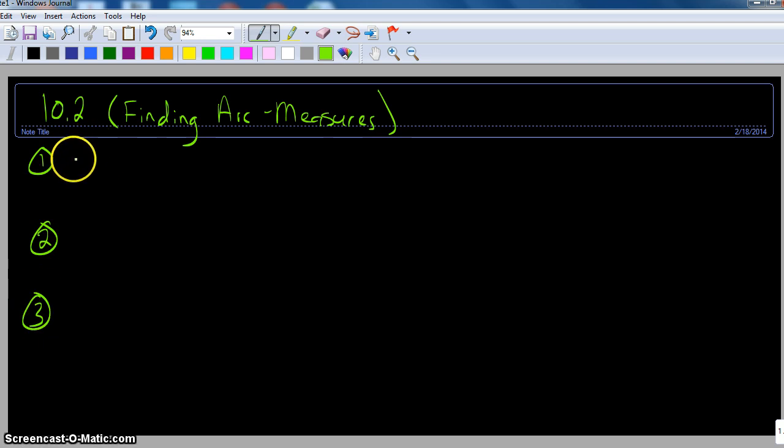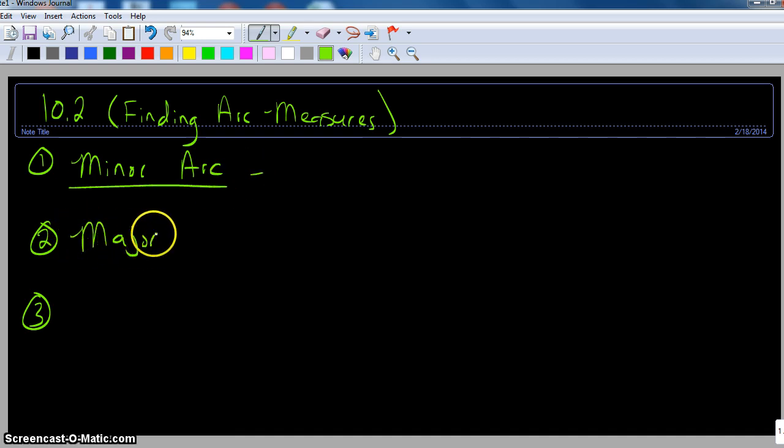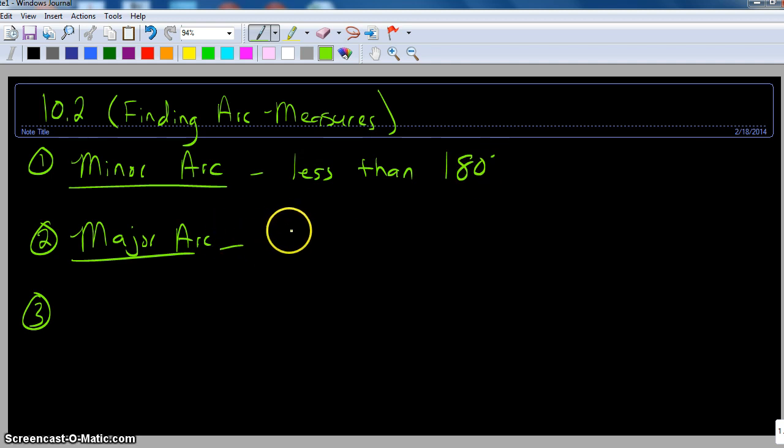First one is a minor arc. Second one is a major arc. The minor arcs have to be less than 180 degrees, and the major arcs are more than 180 degrees.